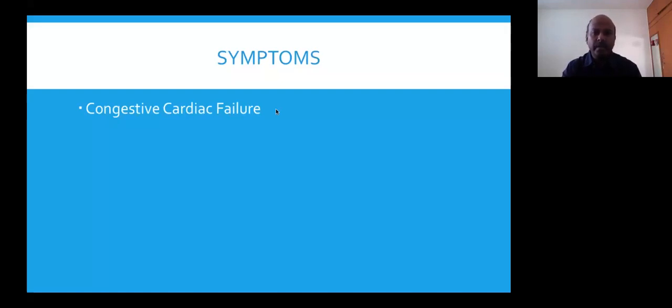And that would again then result in congestive cardiac failure in the older patients, and can be associated with atrial arrhythmias when there is dilatation of the left atrium.